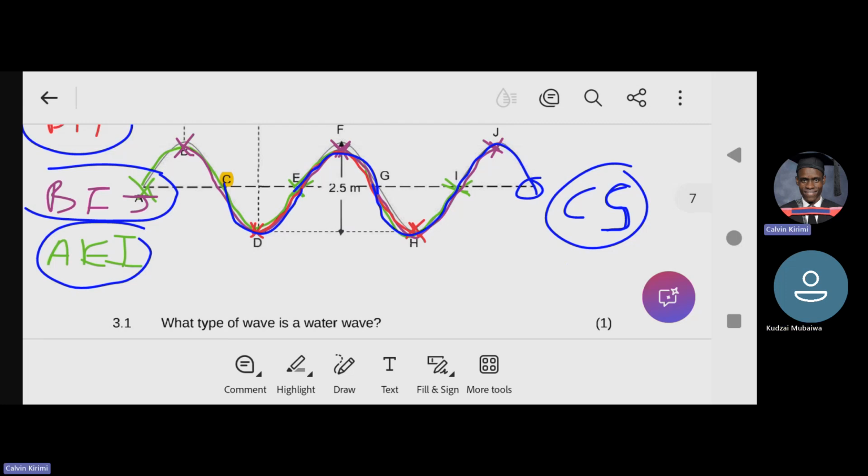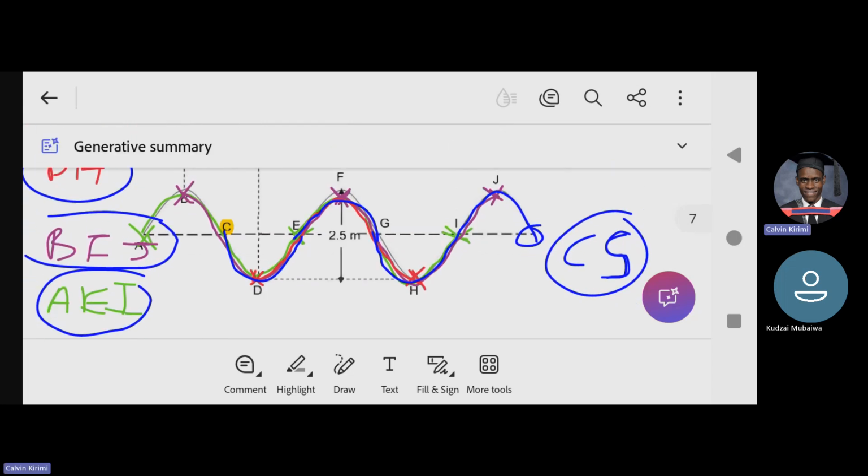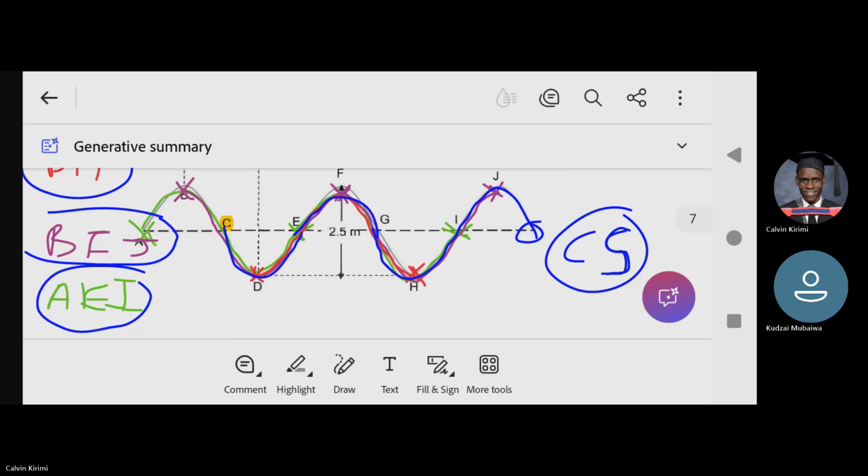No, C and E are not in phase. Are they repeating after a cycle? No, it's not a cycle that way. So those points are not in phase. Then talk of E and G. Are they in phase?